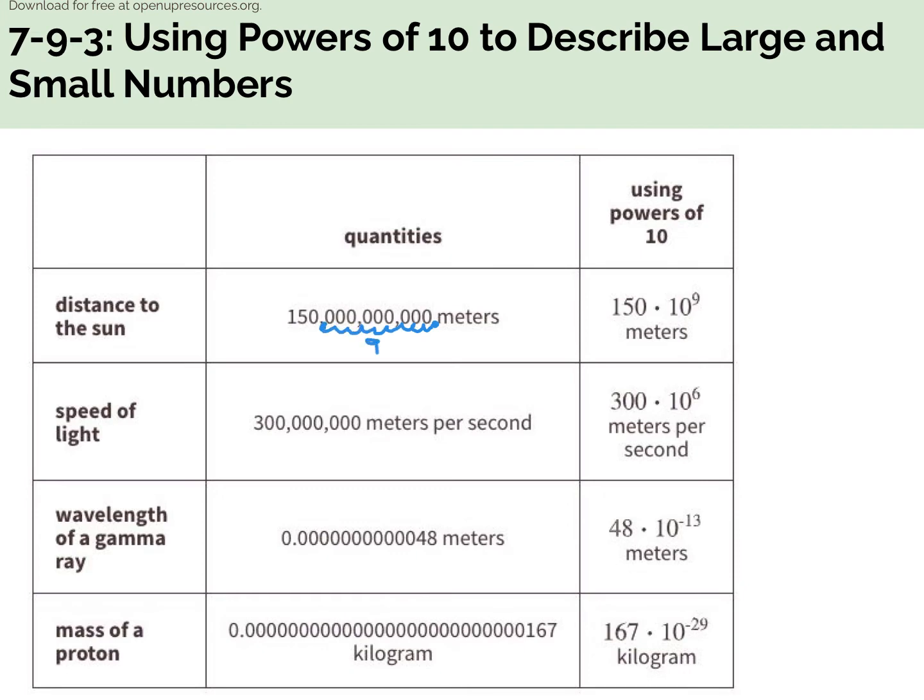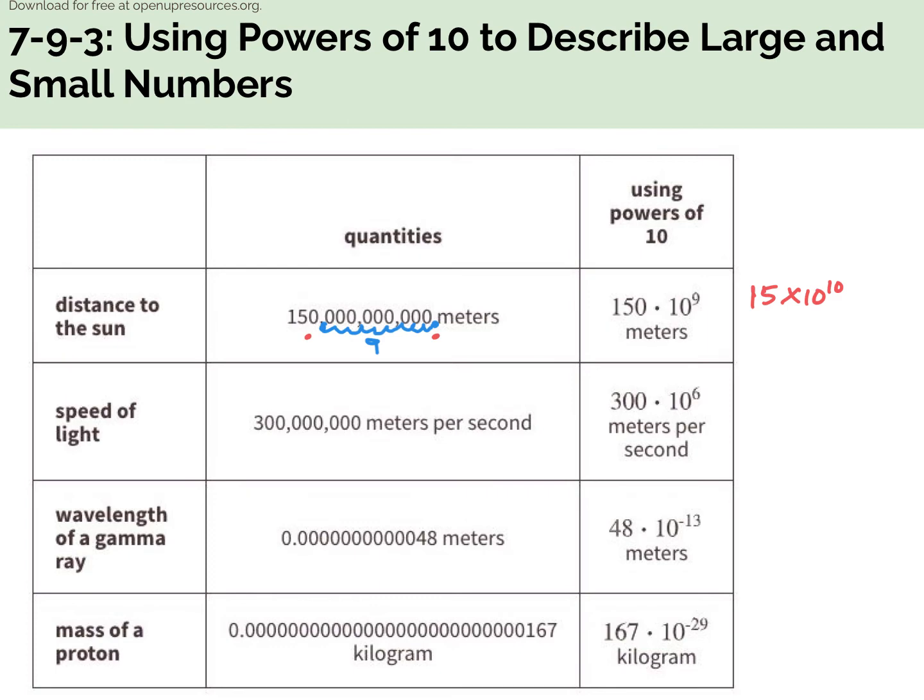Now, are there any other ways we can write this? So we have 150 times 10 to the 9th. I can also write it as 15 times 10 to the 10th. Actually, I'm going to put this in a different color. It's kind of like starting here with the red and going all the way up to here.